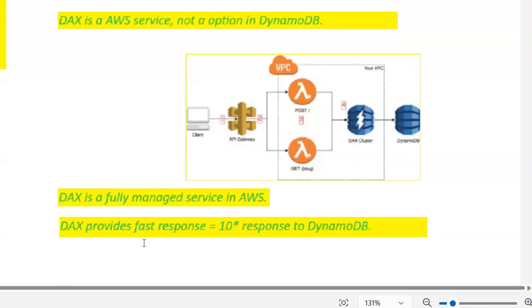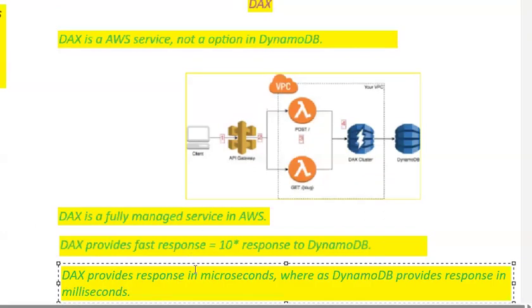DAX provides fast response, that is 10 times faster than the response provided by DynamoDB. This DAX provides response in microseconds, whereas DynamoDB provides response in milliseconds. So this is one of the reasons why we prefer DAX compared to DynamoDB.